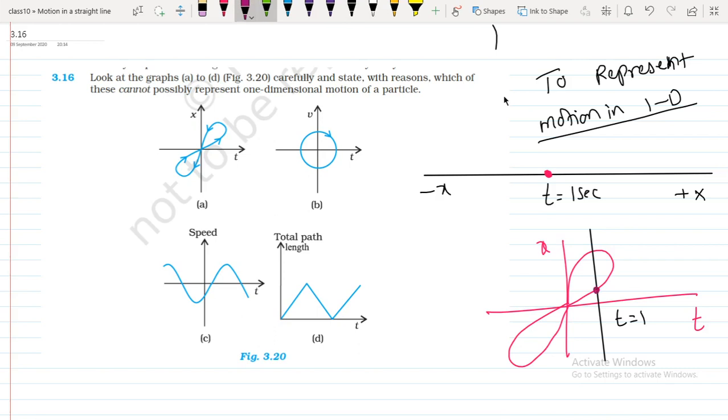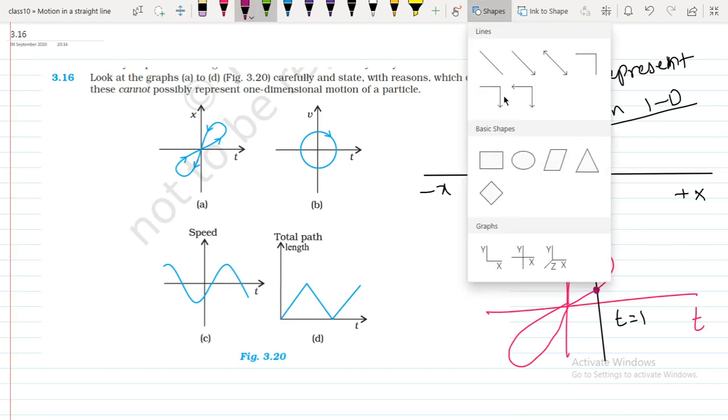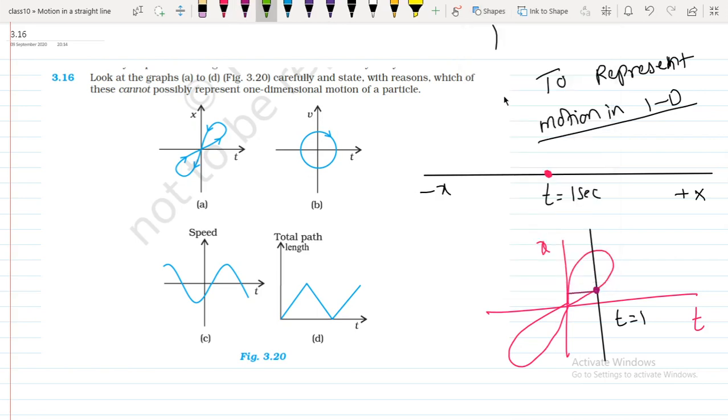At 1 second the particle position is here, but at the same time, 1 second, the graph also represents the particle position here. So it is representing two positions at the same time, two places. So something is wrong.